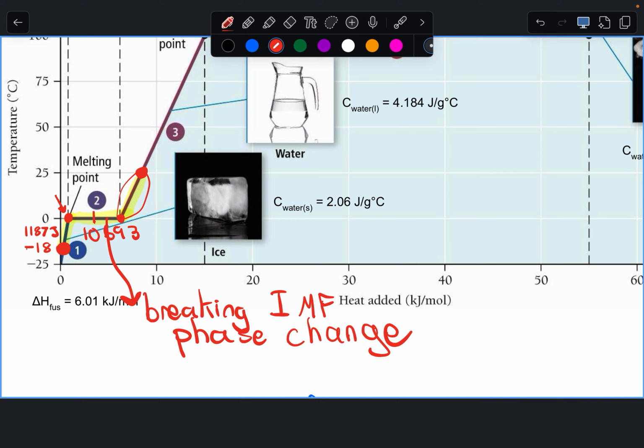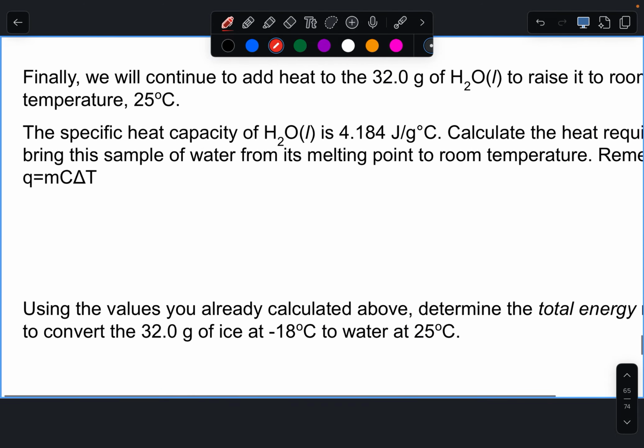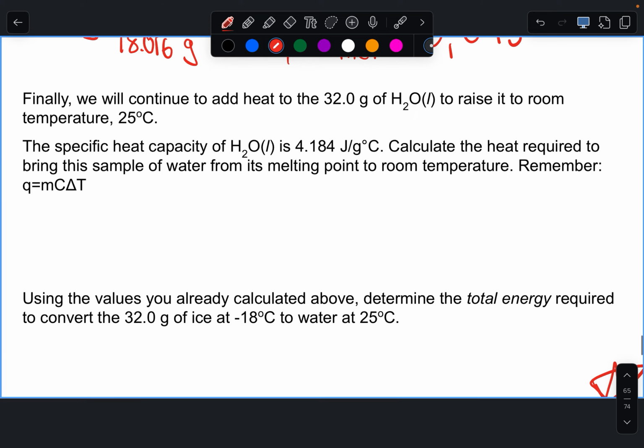Q equals MC delta T, delta H of fusion, Q equals MC delta T. You cannot combine those Q equals MC delta T calculations because we're talking about liquid now, which has a different heat capacity, a different specific heat. So you have to treat these separately and then add them together.